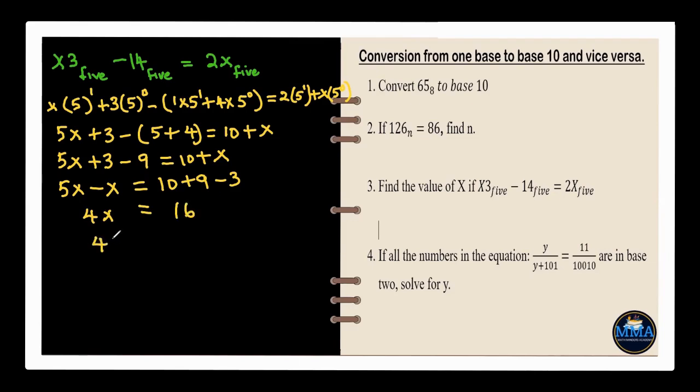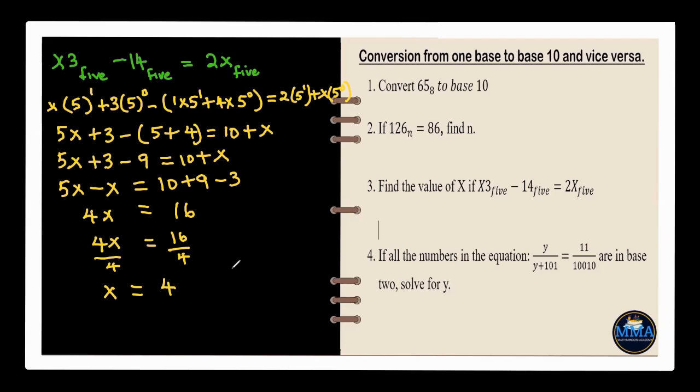So we are going to divide both sides by 4. We have 16 all over 4. So when we divide, we have S equals 4. So we have found this missing number, and it's actually 4.